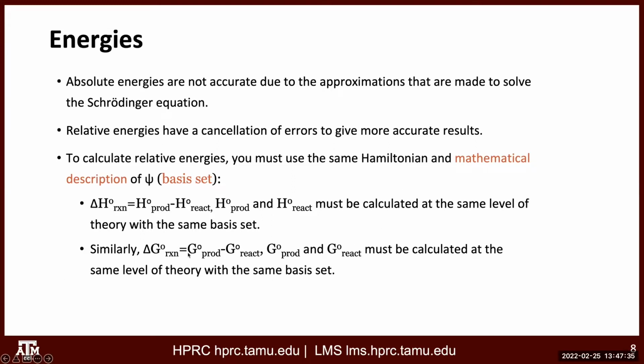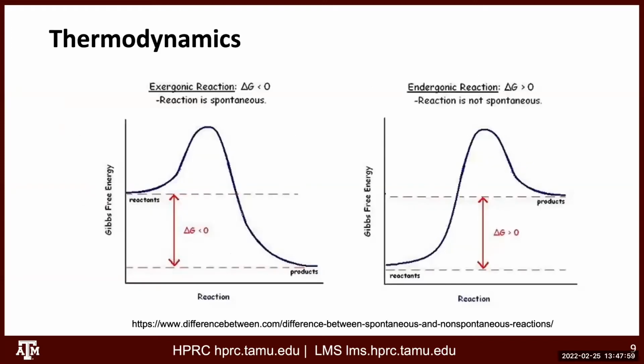When the Gibbs free energy of the reaction is negative, that means the Gibbs free energy of your product is lower than the reactant. So you're going downhill. That's a spontaneous reaction. And when it's positive, you're going uphill, and that's a non-spontaneous reaction. That tells the thermodynamics of a reaction.